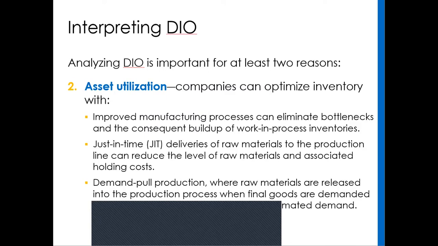But the other is asset utilization. Eliminating bottlenecks, being more efficient, and something called just-in-time inventory, just-in-time deliverables. Remember when we said we had billions of dollars sitting in inventory? And a retailer really can't do much with just in time, but a manufacturer can. As a matter of fact, if you might have heard a guy named Deming, he was laughed out of Detroit, went over to Japan, and he was a father essentially of the auto industry in Japan.